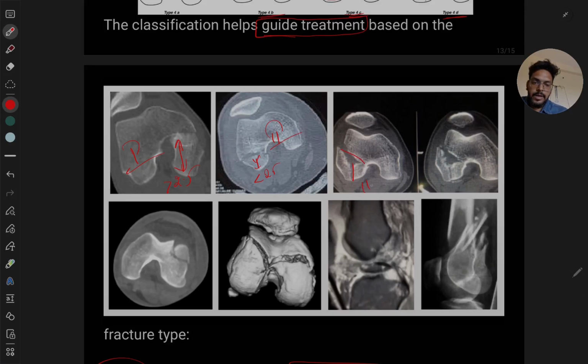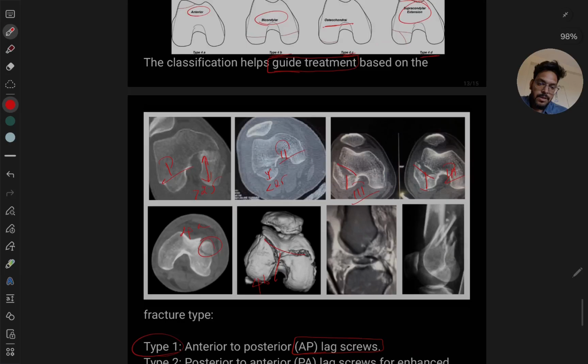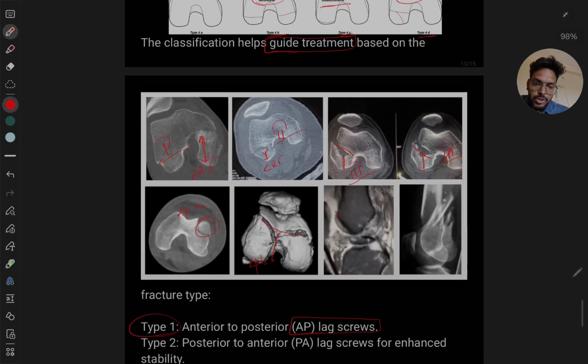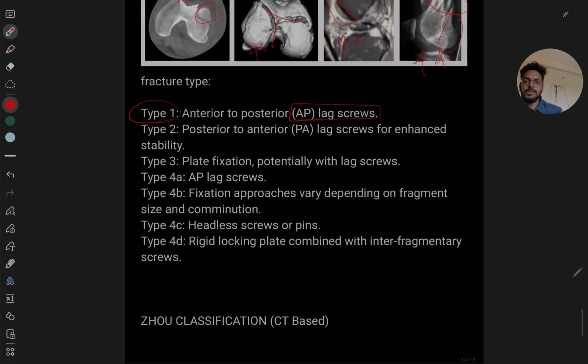So it's a comminuted type 3 here. It is also comminuted, it is type 3. The anterior lip, it is 4A. Then both the bicondylar fracture, it is 4B. Here it's an osteochondral fragment, it is 4C, with a supracondylar fracture and a bicondylar fracture, it is 4D.